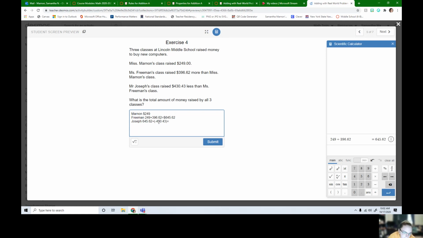I know when I have different signs that we need to subtract them. This number should be something around 200, I think. So if I get a number that isn't around 200, I know I typed it in my calculator wrong. Let's do 645.62 plus negative 430.43.